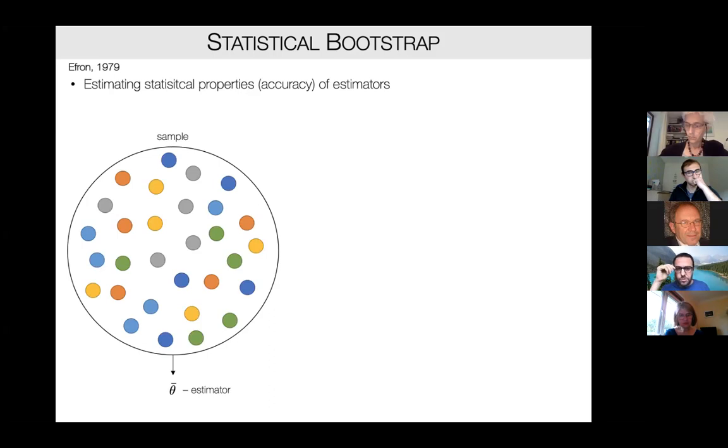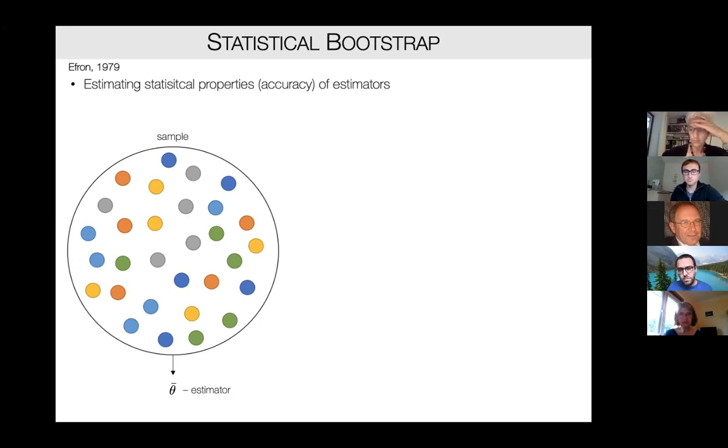Let's say you take the average, and you want to say how reliable this estimator is. Now, if you know what the original distribution is, or if you have some central limit theorem, then the classical statistical methods will give you confidence intervals or variance estimates and so on. But in many cases, it's either inaccessible or very difficult to compute.